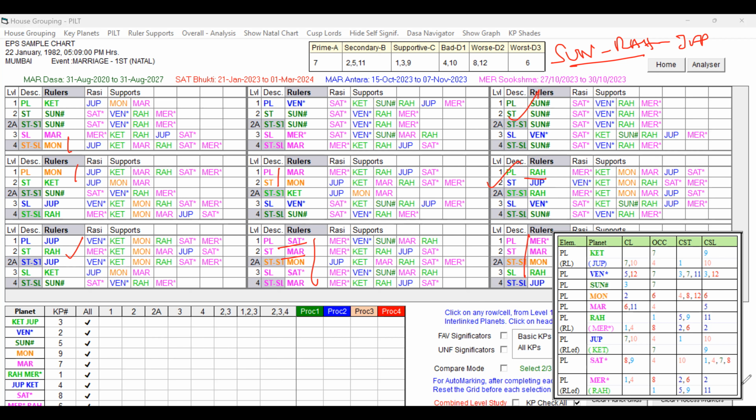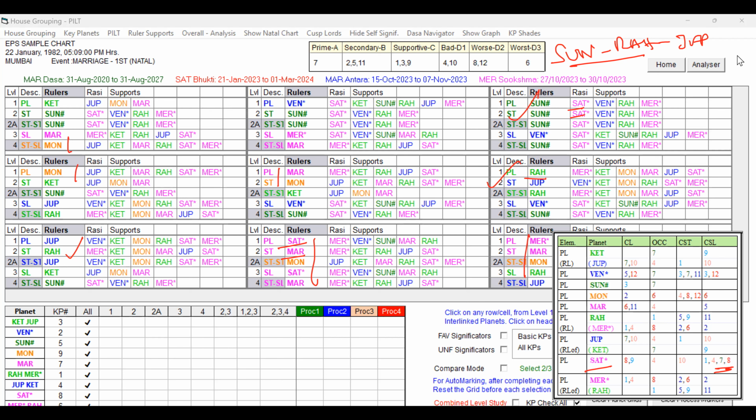Importantly Saturn, because it is the primary cuspal sublord key planet, the destiny planet itself is favorable but along with that weakness, so Saturn is playing a role in supports for the Dasa, and in the Buddhi also it is present. That way we can identify the impact of the favorable and unfavorable key planets from destiny into the Dasa Lord, Dasa Lord into Buddhi Lord, Buddhi Lord into Antara Lord, with the help of the PILT table.